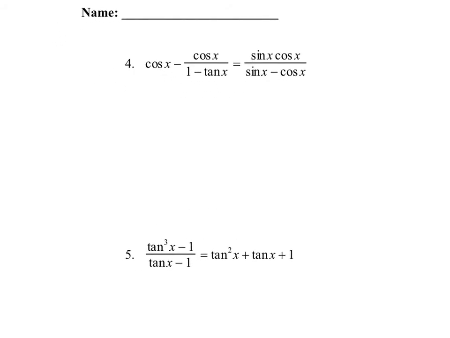So what I'm going to do is work with the left side, and I am going to change my tangent into sines and cosines. So I'm going to rewrite cosine x minus, and now I'm going to work with this. So I have cosine x. I'm going to change tangent into sine over cosine.